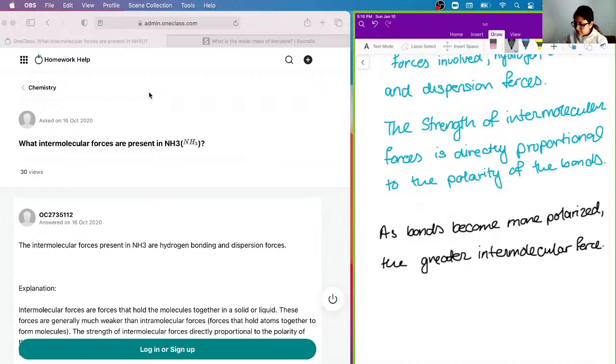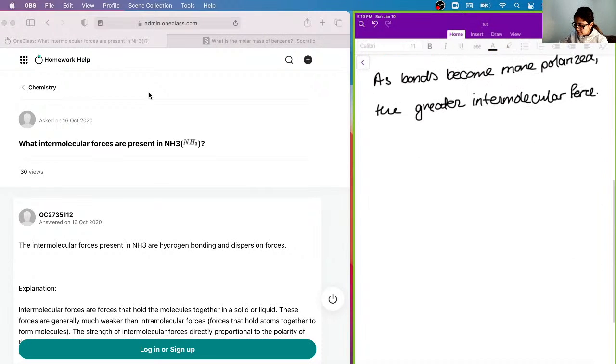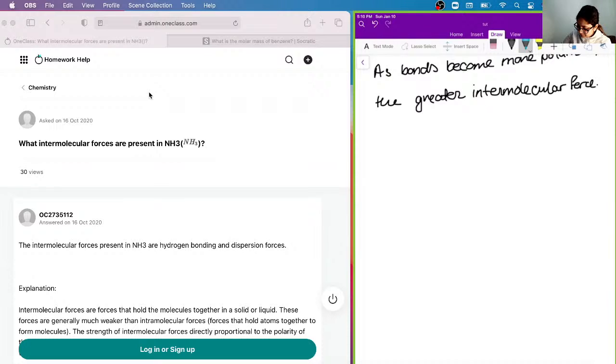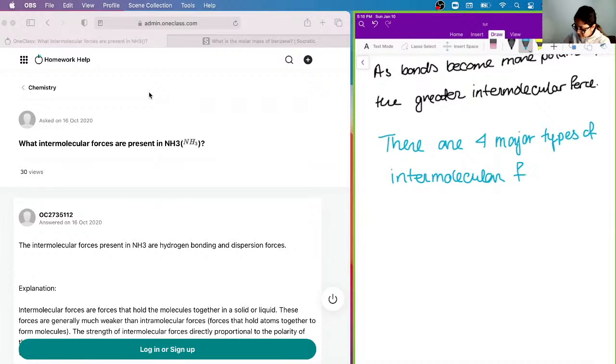When we're talking about intermolecular forces, there are four major types of interactions.